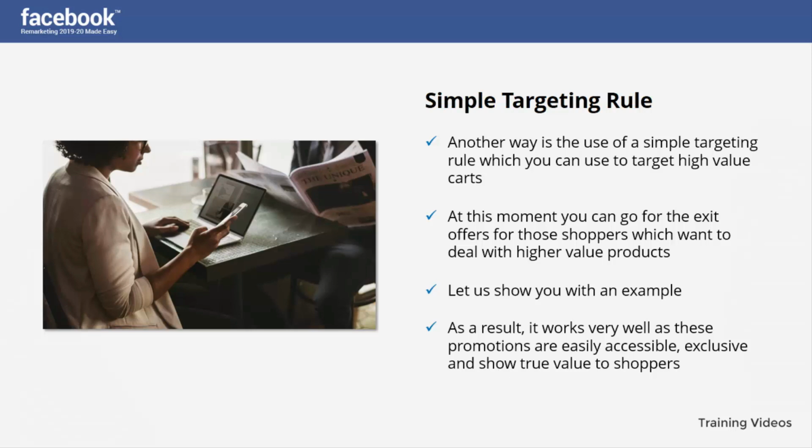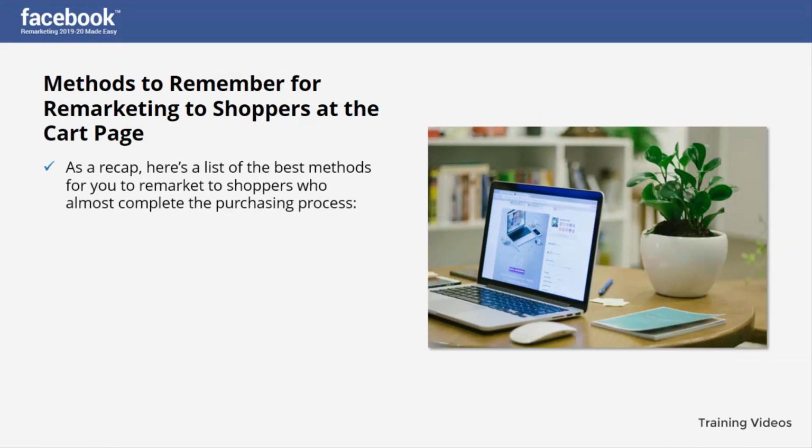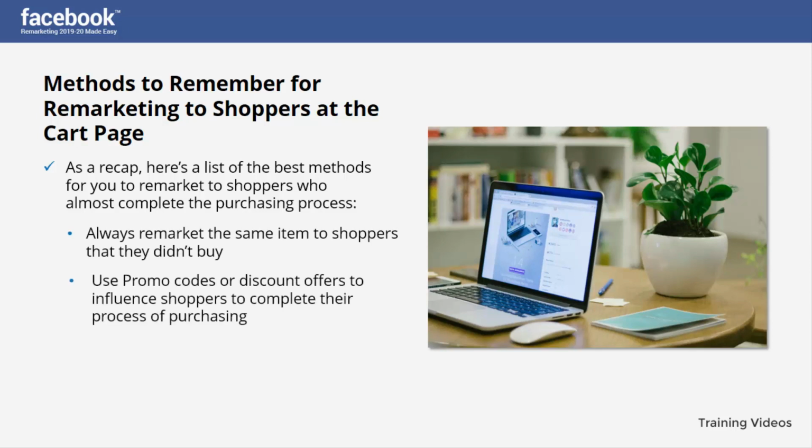Methods to remember for remarketing to shoppers at the cart page. As a recap, here's a list of the best methods for you to remarket to shoppers who almost complete the purchasing process. Always remarket the same item to shoppers that they didn't buy. Use promo codes or discount offers to influence shoppers to complete their process of purchasing.